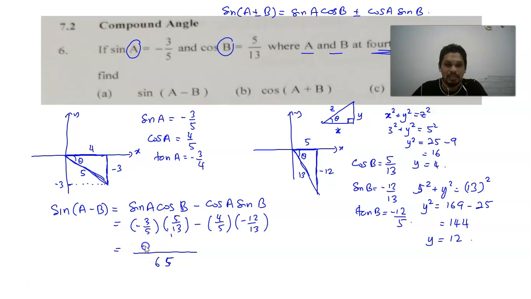Negative 3 times 5 is negative 15, negative times negative is positive, 4 times 12 is 48, then 48 minus 15 equal to 33 divided by 65.